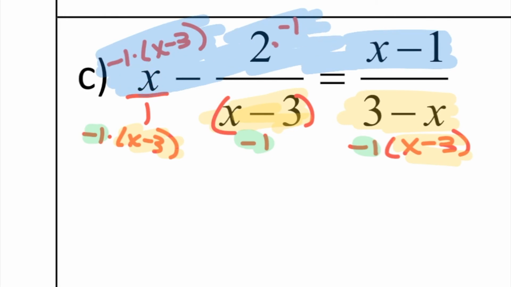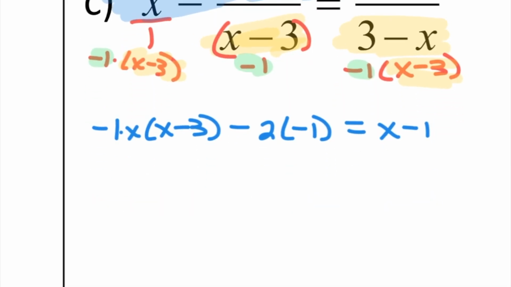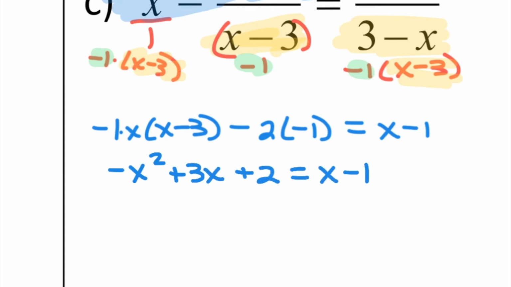So I have negative 1 times x minus 3 minus 2 times negative 1 equals x minus 1. So I've got negative x squared plus 3x plus 2 equals x minus 1.